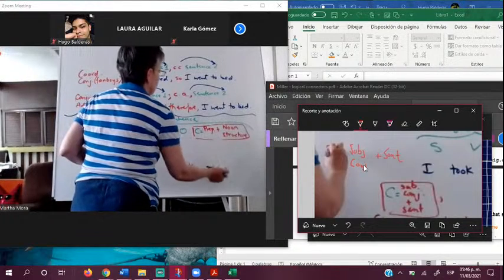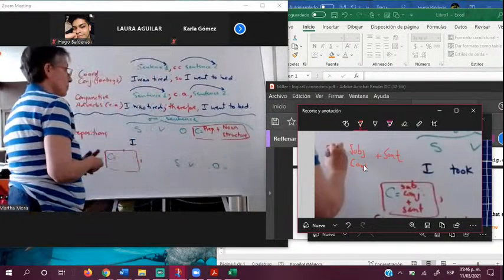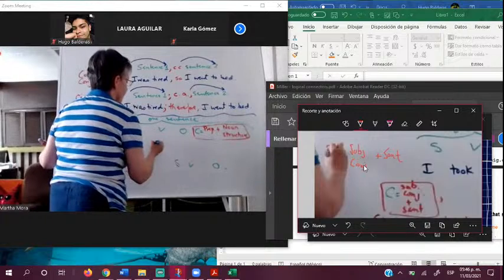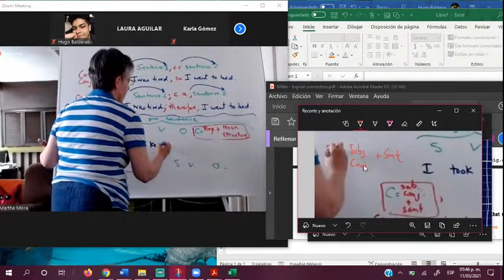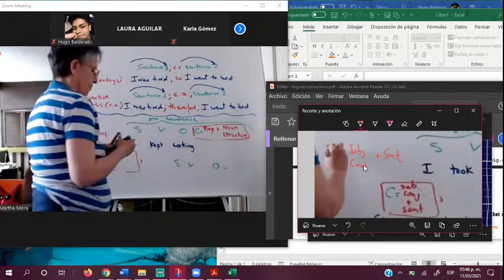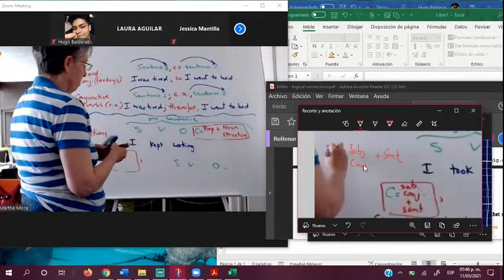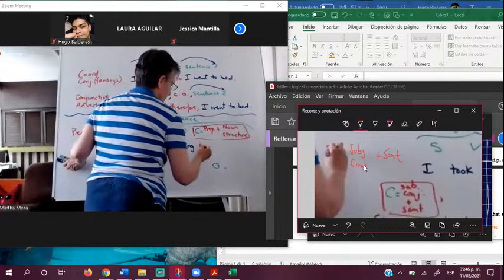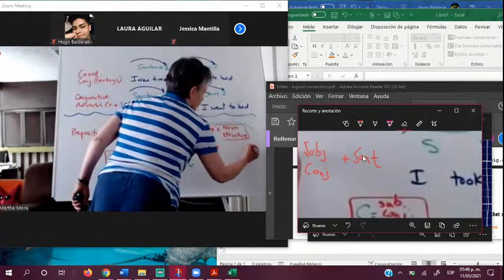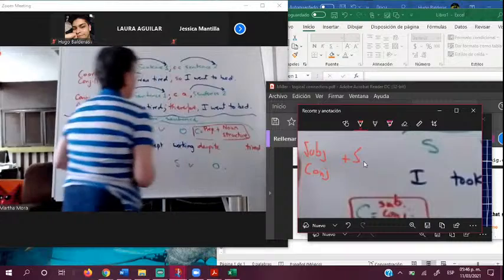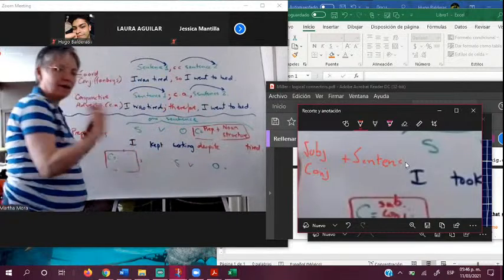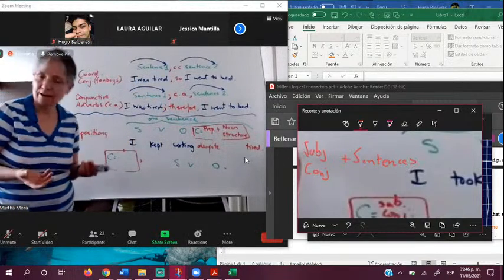So let's write the example. So, for example, I can say, I was tired, but I know that after a preposition, I cannot have a sentence.